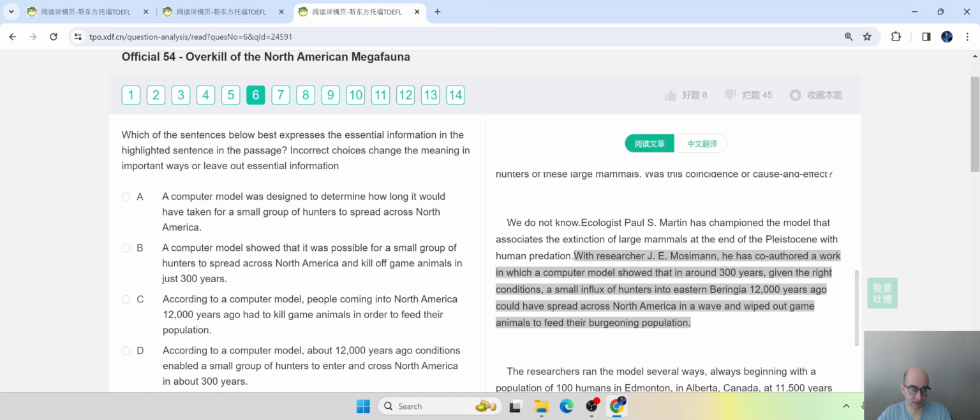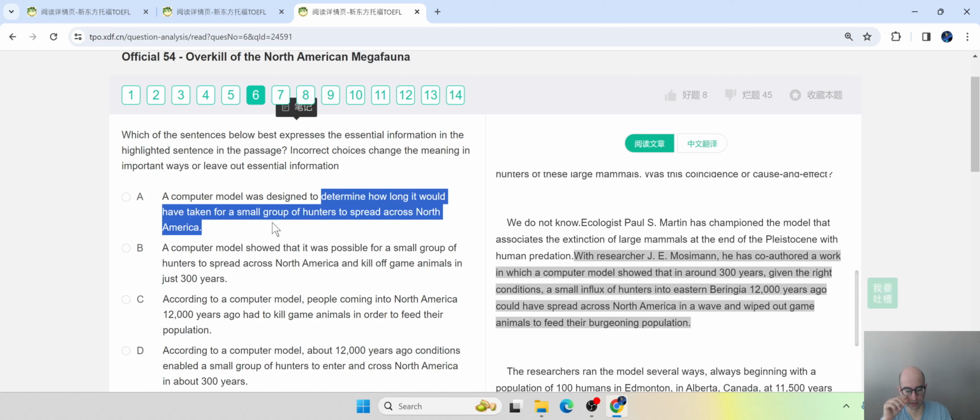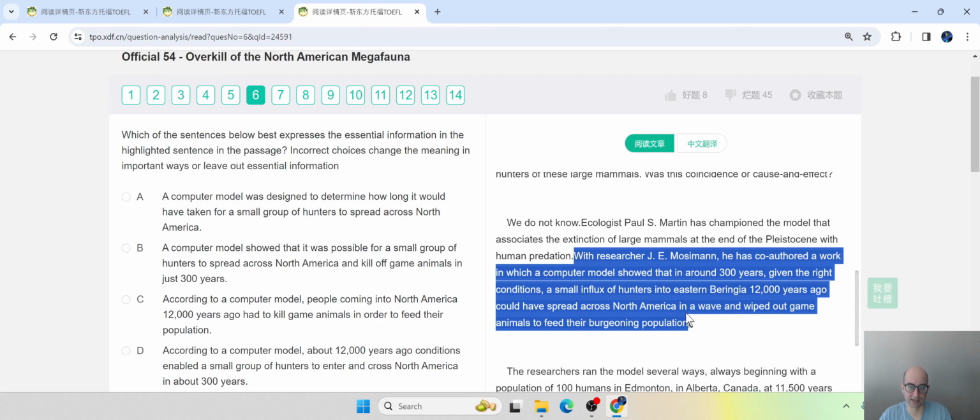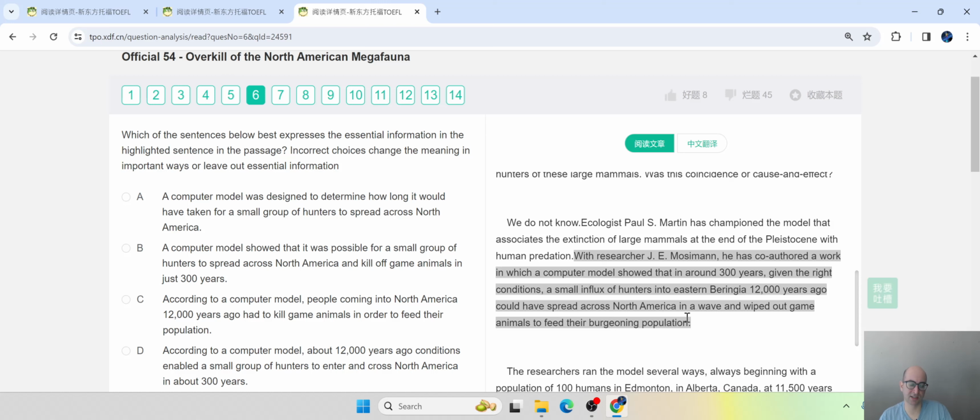So this computer model they came up with was designed to figure out how long it would take them to enter North America. But that's not the point that was conveyed in the highlighted sentence. They were basically explaining that this small wave of hunters could have entered North America and killed off all the wildlife there, okay?